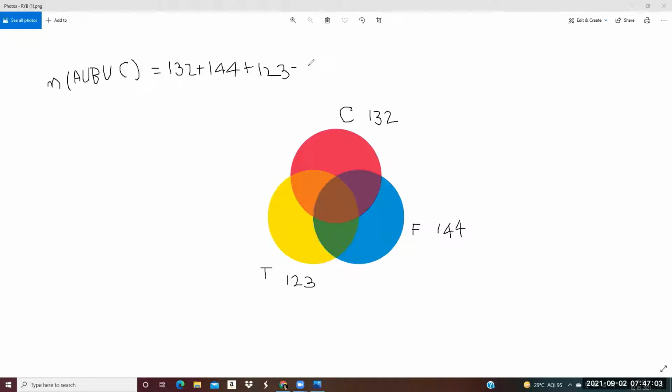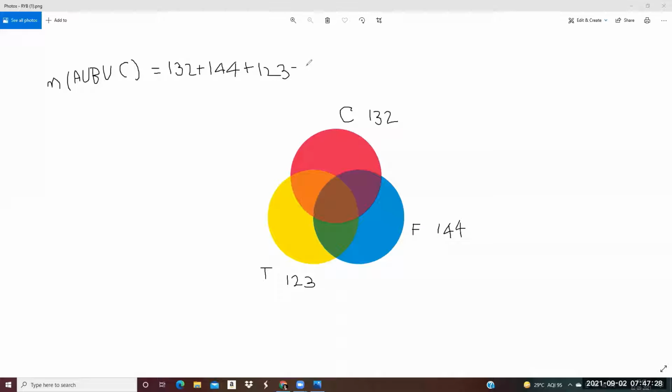So let us subtract the double overlaps, the double intersections. Let's put in the values of intersection as provided in the question. Let's go with F intersection T first. Everything is commutative, so it doesn't matter a lot right now.